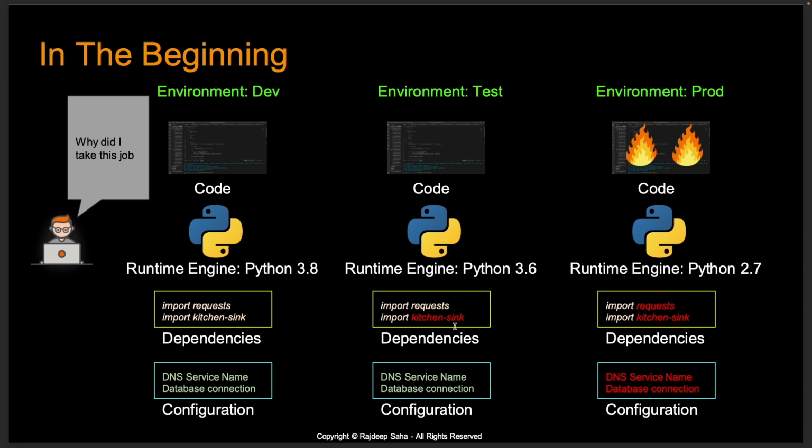It's because the dependencies and configuration are not there in production. It runs on their machine, fine, but coming to the prod environment, it's not working. And the developer was like, why did I take this job? Tell me.